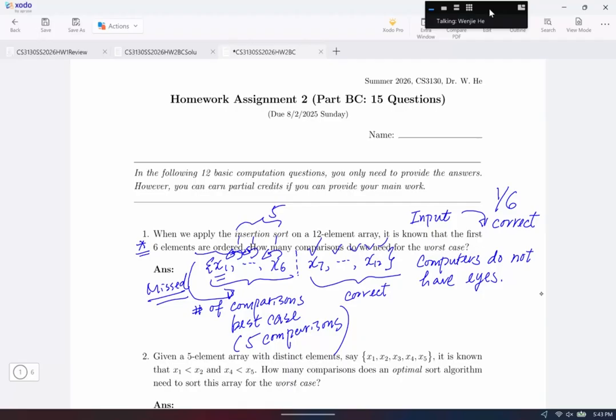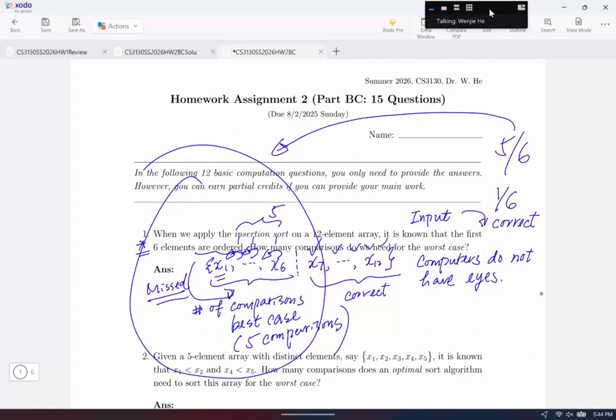We cannot afford a checking step, so we just run our standard insertion sort. No checking, which means you cannot skip this work. That's the common problem: 5 out of 6 had it.